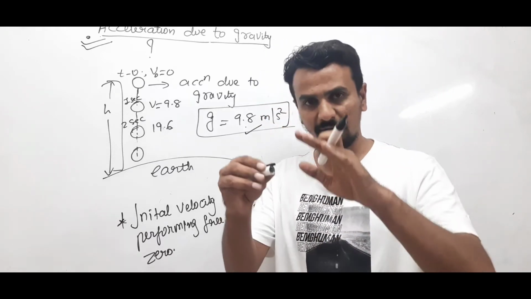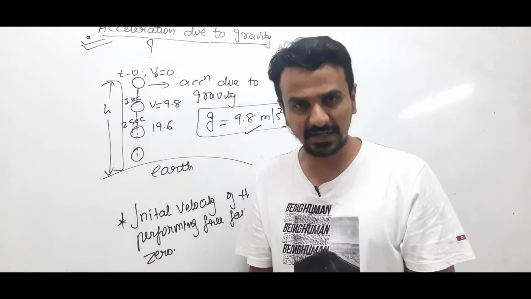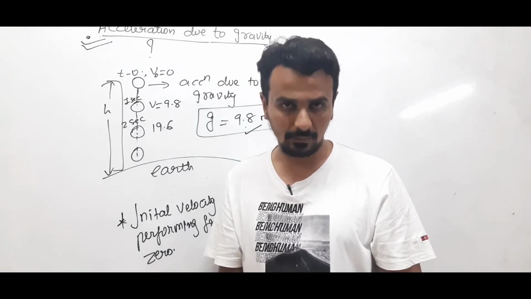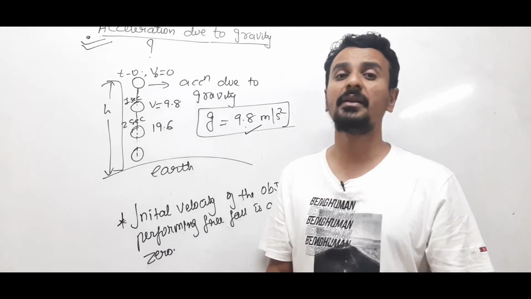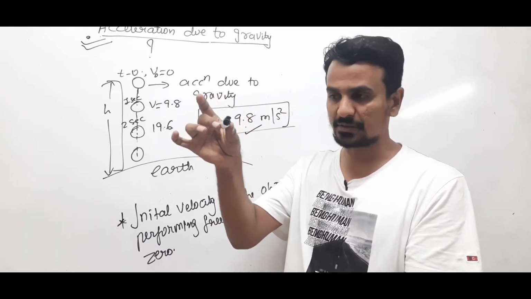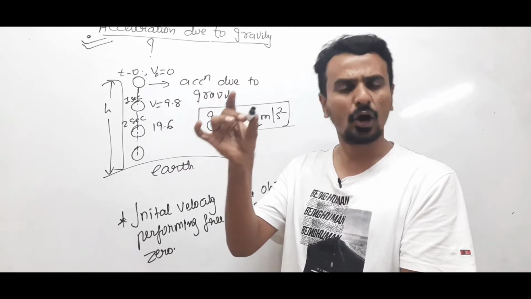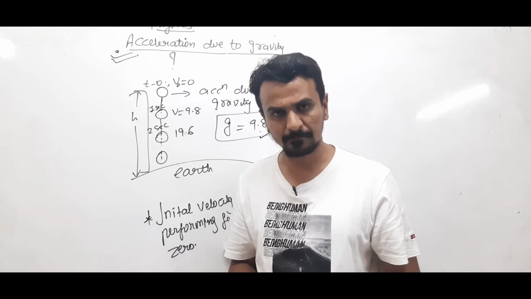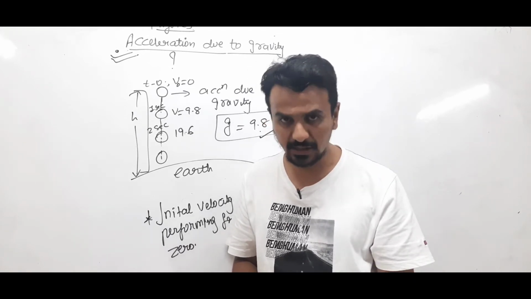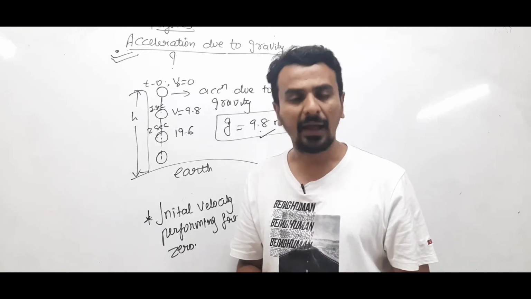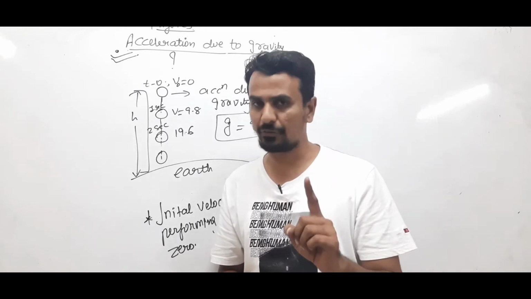If I am applying a force on this object like this, then initial velocity will not be 0. Initial velocity will be 0 only when it is performing a free fall. I am just leaving this object. So just now the initial velocity of this object will be taken as 0. Clear? When the object moves down, its velocity keeps on increasing, acceleration will remain the same, and this acceleration is known as acceleration due to gravity.